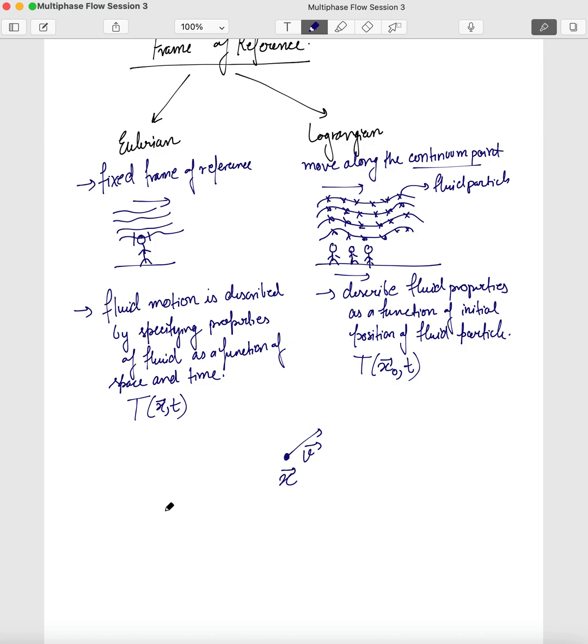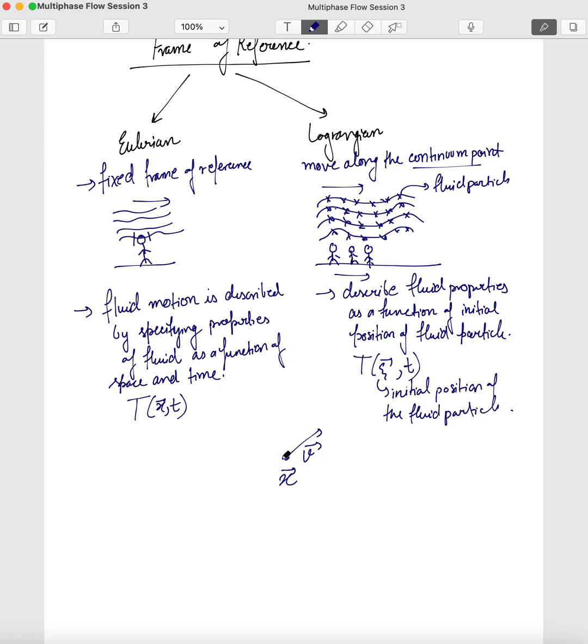Okay, now I think I can call this some zeta, that is the initial position of the fluid particle.